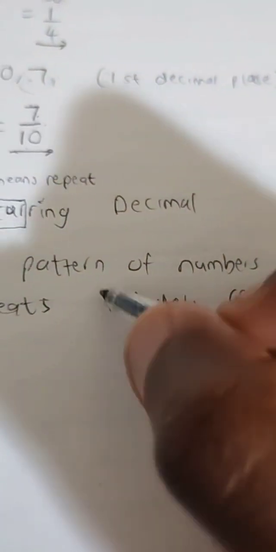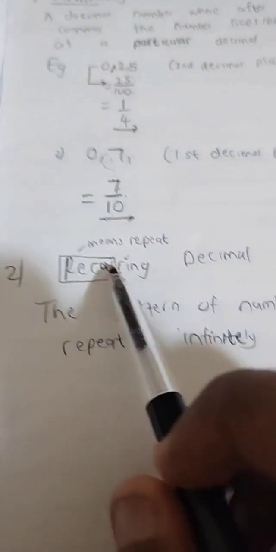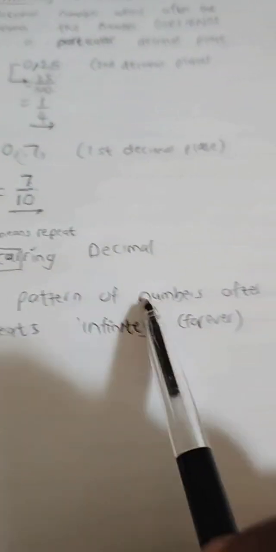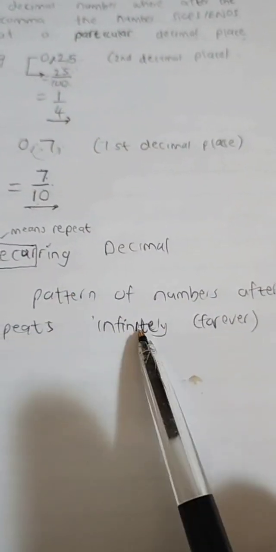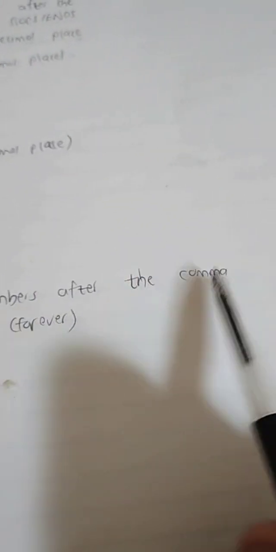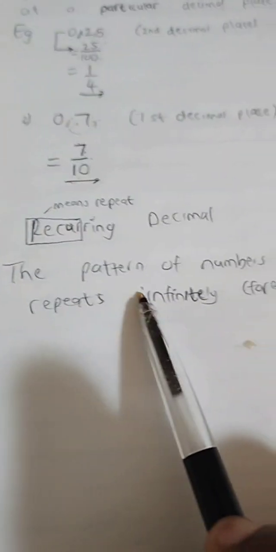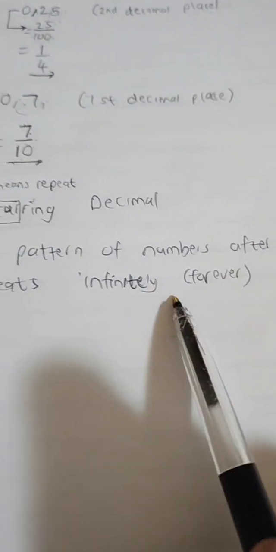Infinitely means forever, not stopping. The pattern of numbers after the comma repeats infinitely. For example, 0.3.